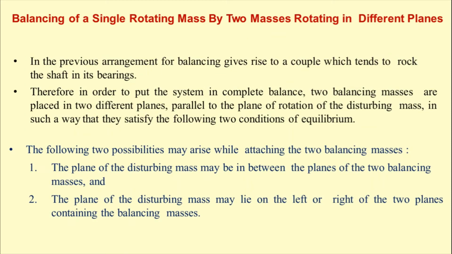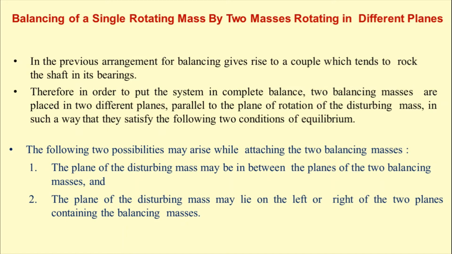Next situation, that is balancing of a single rotating mass by two masses rotating in different planes. The previous arrangement for balancing gives rise to a couple which tends to rock the shaft in its bearings. Therefore, in order to put the system in complete balance, two balancing masses are placed in two different planes, parallel to the plane of rotation of the disturbing mass, in such a way that they satisfy two conditions of equilibrium.